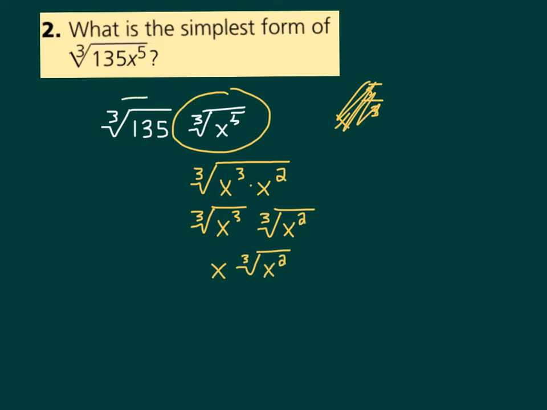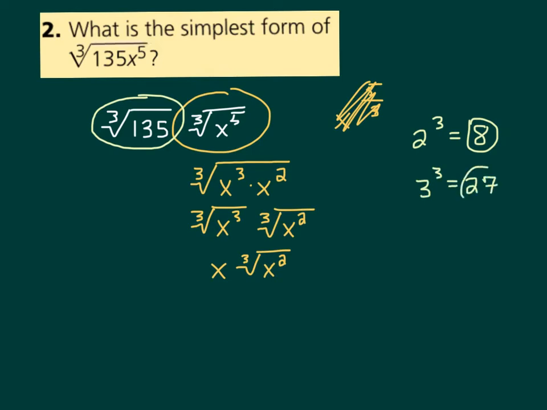So over here, is 135 a perfect cube? No. To simplify this, we need the largest factor of 135 that's a perfect cube. The perfect cubes: 2 cubed is 8, so this is a perfect cube. 3 cubed is 27, and that one actually works.